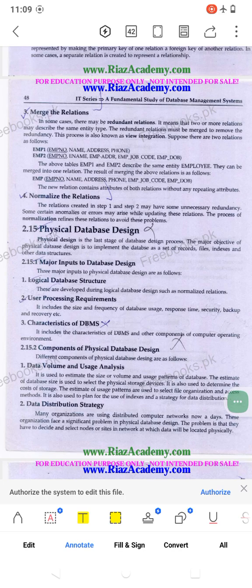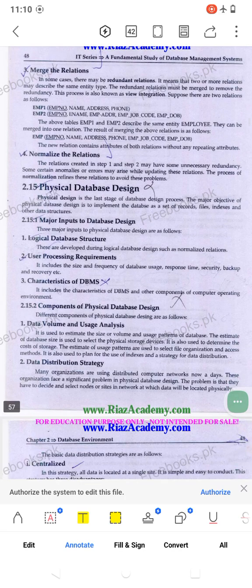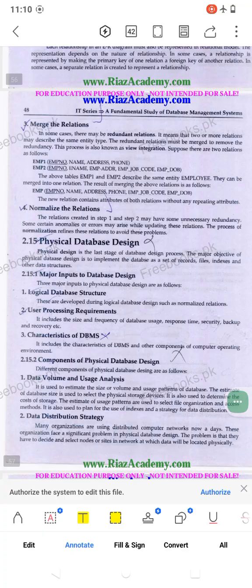For example, we have employee 1 and employee 2. You can easily see the number of attributes differ in employee 1 and employee 2, but following their entity, they are the same. This is part of the employee entity, so we can easily merge their relations into one relation to cover all the attributes in one table.